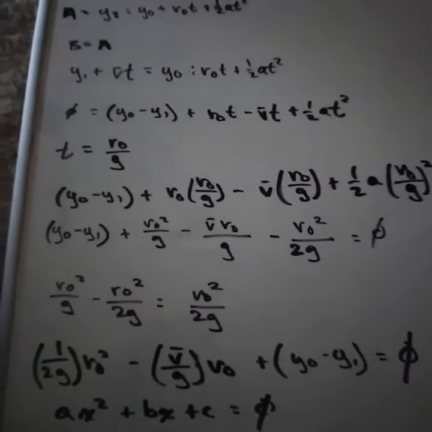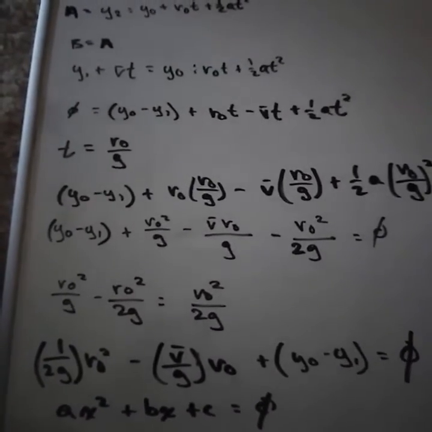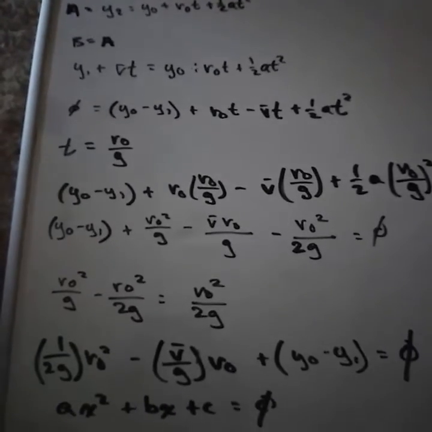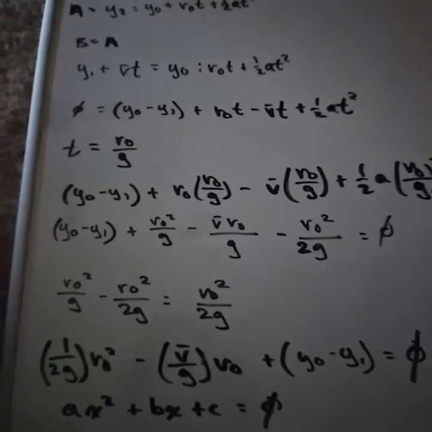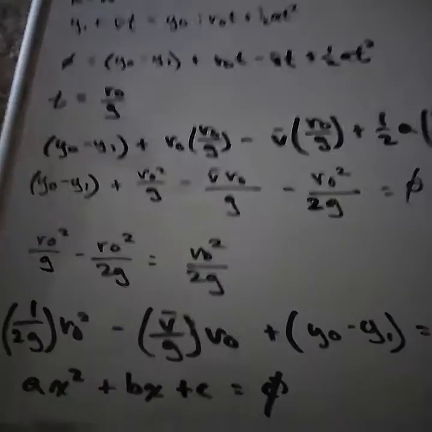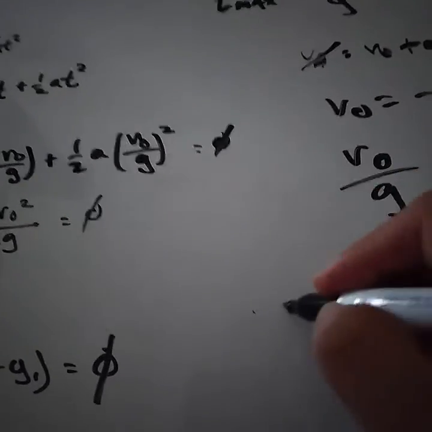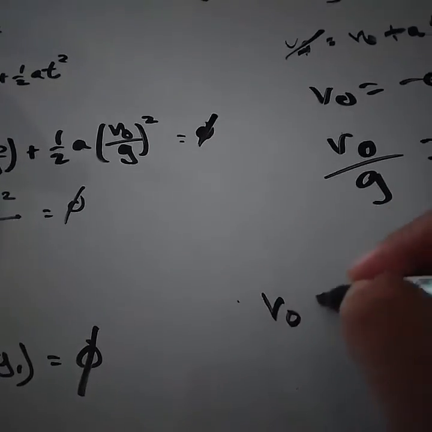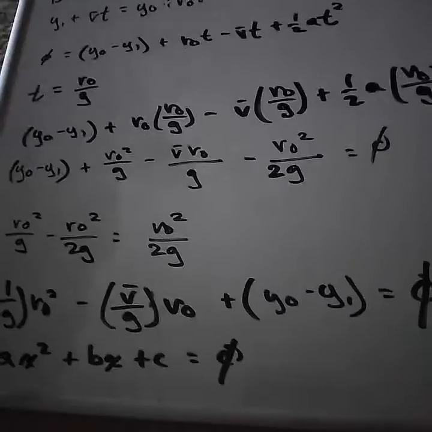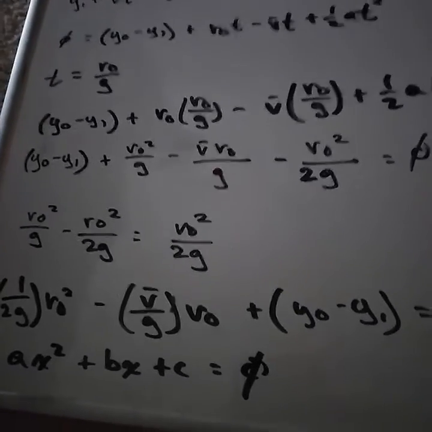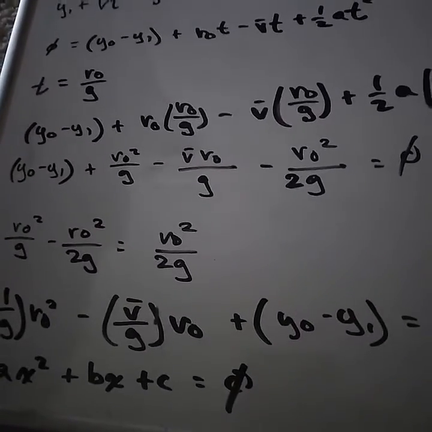So plugging this into the calculator and solving our quadratic equation for our unknown, which is our initial velocity, gives us two values for initial velocity. If we're lucky, one of them will be positive and one of them will be negative. In this case, we're lucky. One of them is positive, one of them is negative.